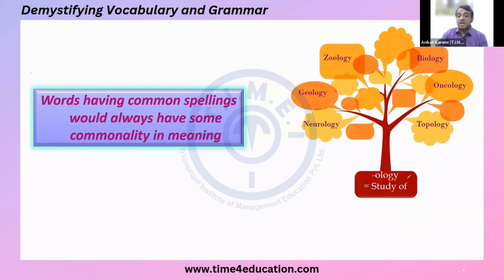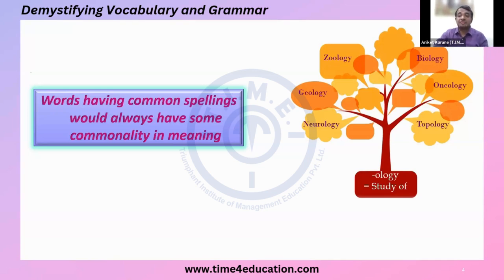Ology is study of. Now, what does neurology mean? Neuro is brain. So study of the brain. Geology. Study of the earth. Geo is earth. Zoology. Zoo is animals. Study of animals. Right? Biology. Bio is life.